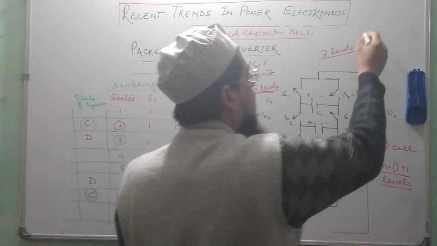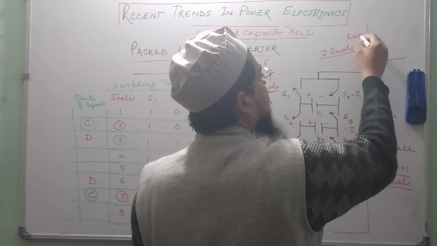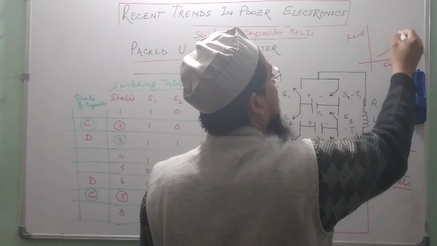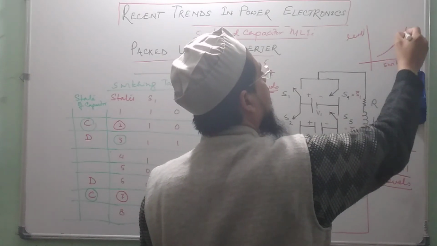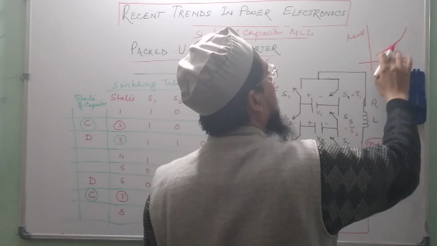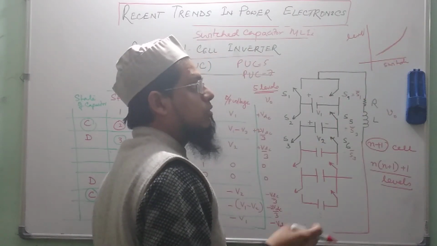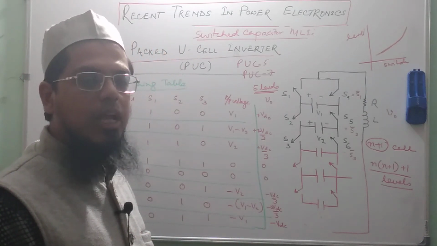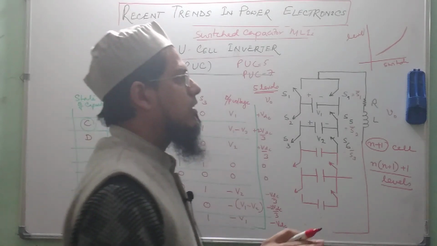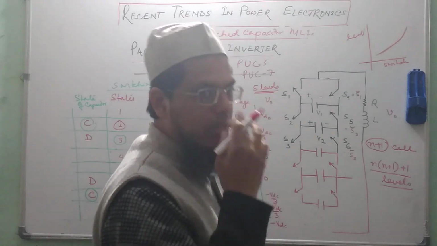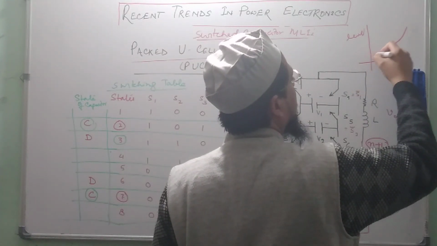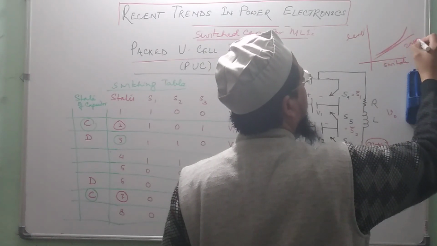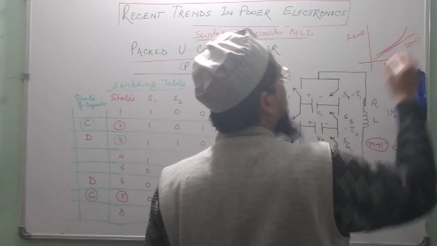So, basically if I try to plot it, if this is the number of levels on the x axis and this is the switch requirement, it increases exponentially compared to the configurations of the diode clamped or cascaded H-bridge or flying capacitor, in which there is a linear rise, and that is 2 into n minus 1, something like that.